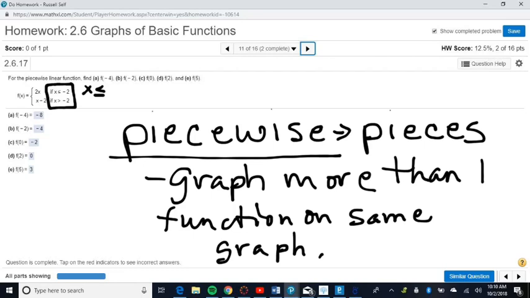So that means x is less than or equal to -2. What that tells you is x can be -2, or if it's less than, x can be -2 or smaller.